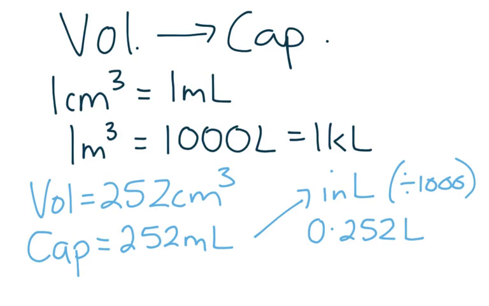Sometimes you're asked to put it in the most suitable units. So, for example, this one here, I would just leave it in millilitres unless it's otherwise stated. But if you got something like 57,000 millilitres as an answer, you would probably change that to litres and make it 57 litres. And that's all for volume and capacity at the basic level.